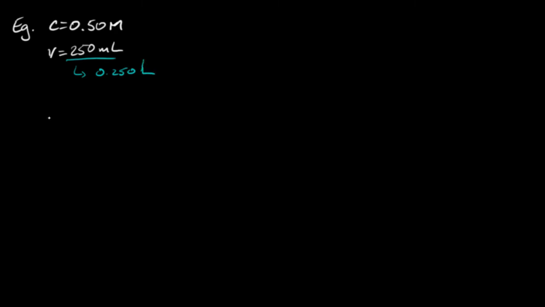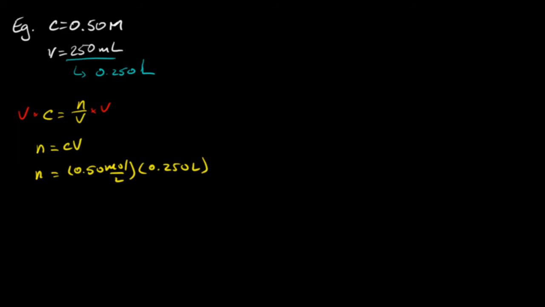If you look at our original equation, which was C equals N over V, you might be able to pick out right away that if I multiply both sides by V, I can rewrite this equation as N for number of moles is equal to CV. So to get the number of moles, all I have to do is multiply the concentration, which was given to me in the question, by the volume.